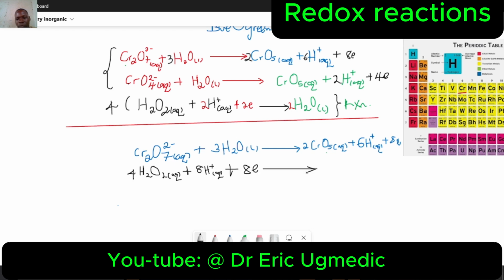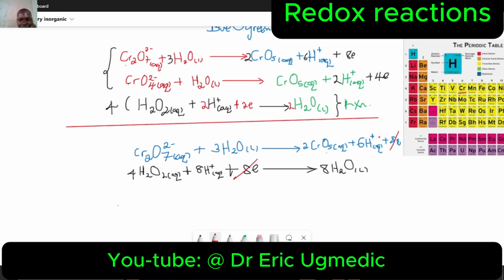and this will be equal to, oh sorry, on the right hand side you shall have 8 water molecules. So we need to add these two equations in a balanced way. So let's first cancel out the common ones, which are electrons.